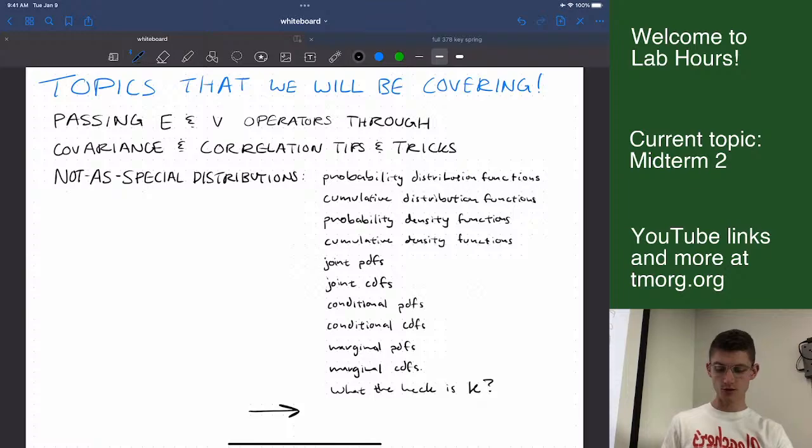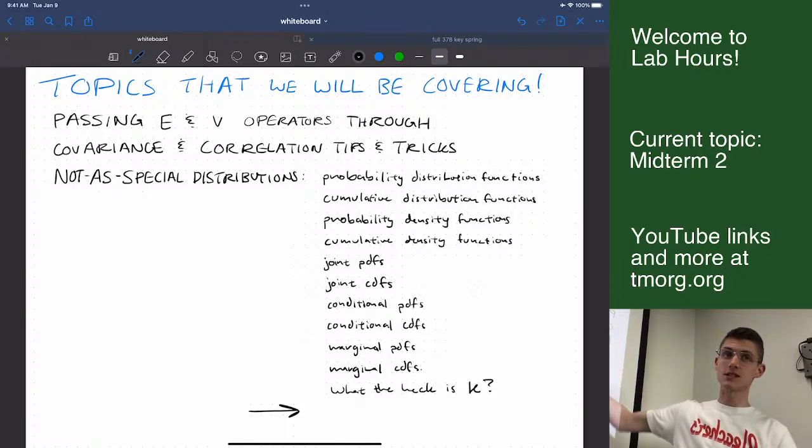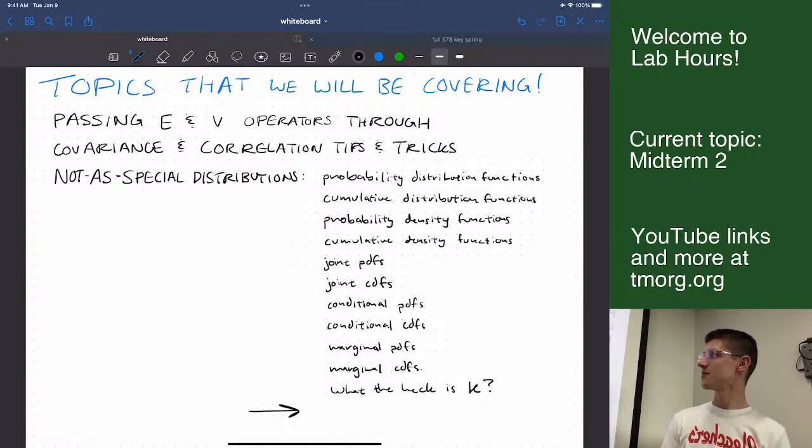Once again, we're going to review E and V operators, covariance, correlation tips and tricks. That's going to be a review for you guys. Also the K thing, and just like normal PDFs, the standard probability distribution functions that we started with before the first midterm, that's all going to be review. But then we're going to go for the density functions and the joint functions and the conditional functions and the marginal ones and all the stuff that we've learned since the midterm.